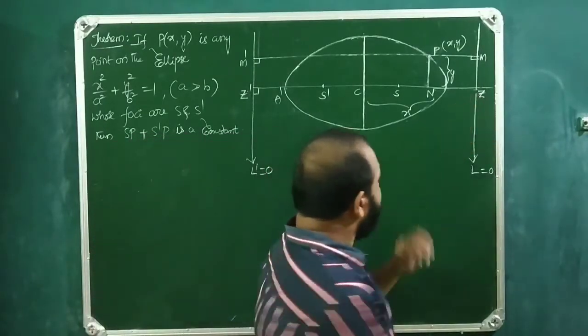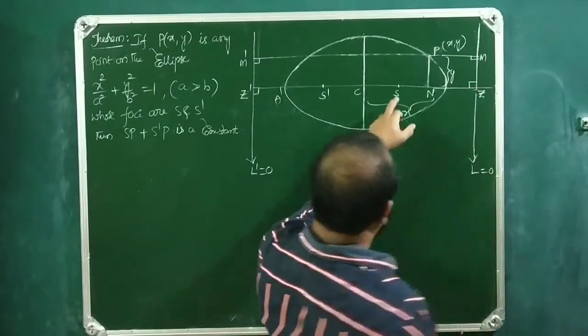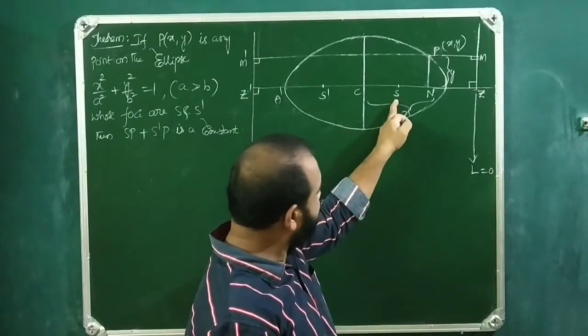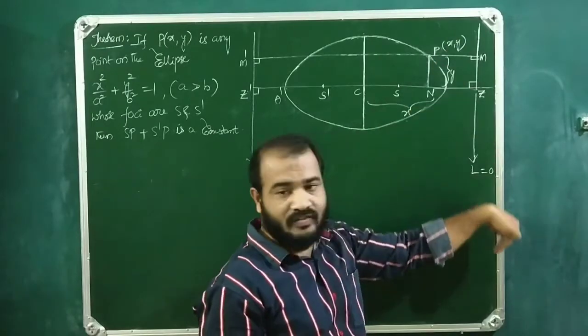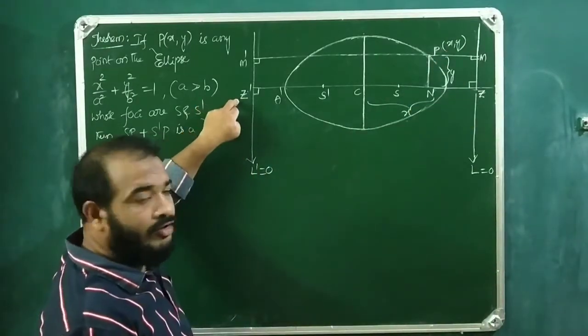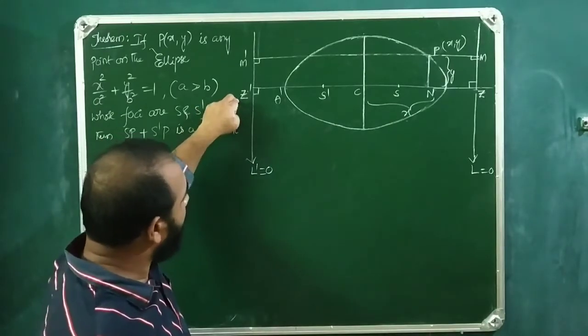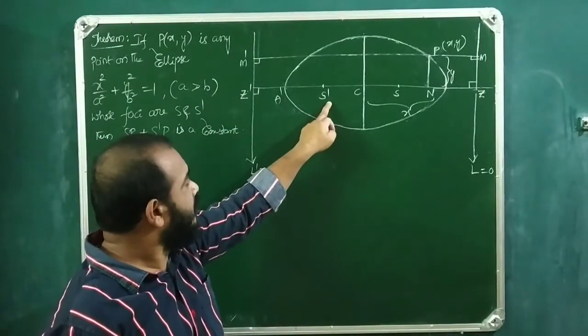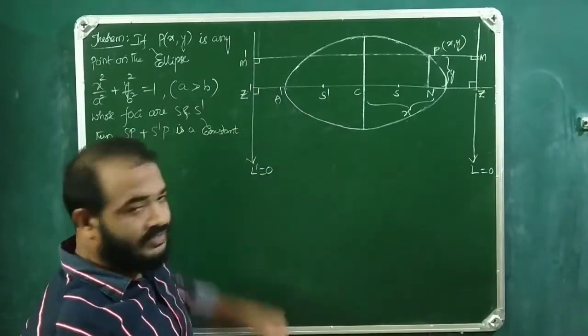Z is the foot of the directrix of S on L equals 0, and Z dash is the foot of the directrix of S dash on L dash equals 0.